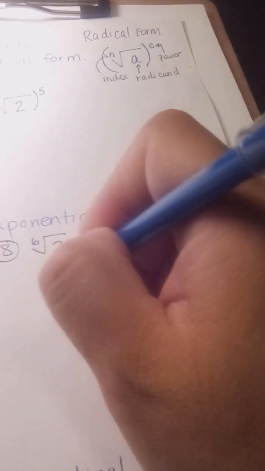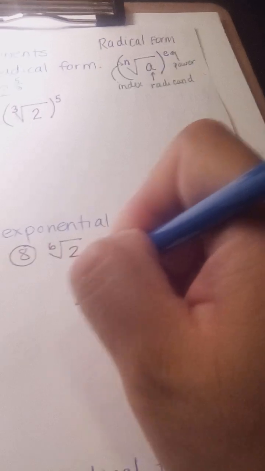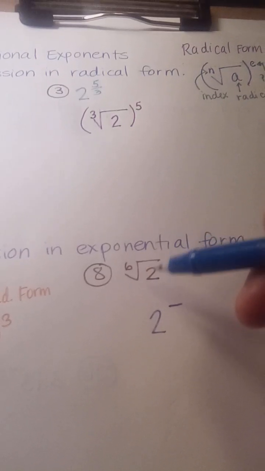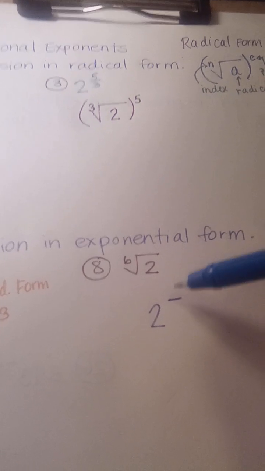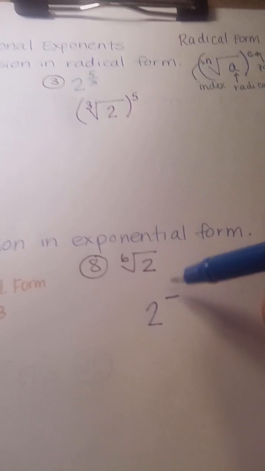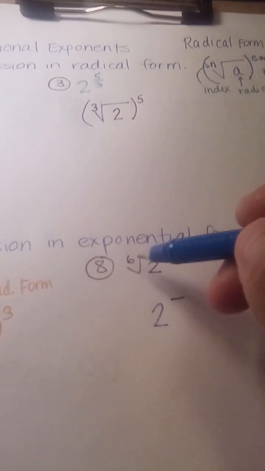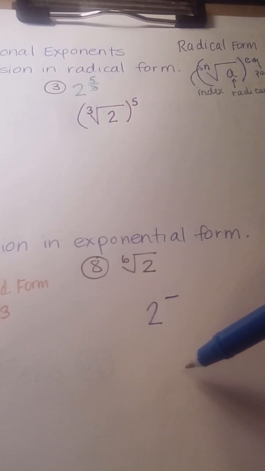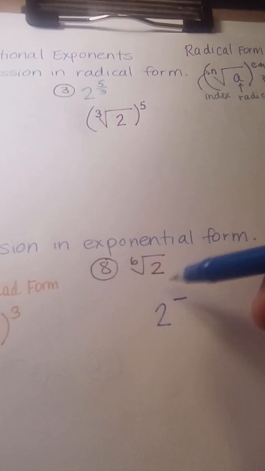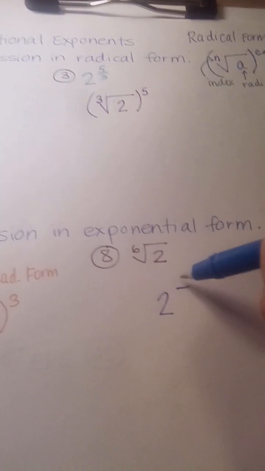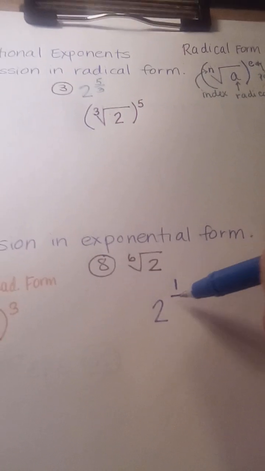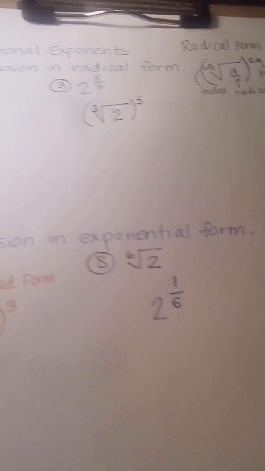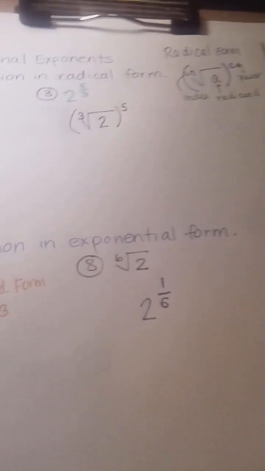So the 2 is the base. All right. Question: the numerator, is it the 1 or the 6? In this case, there's nothing around it, so it's a 1, right? And the denominator is 6. So that's how you do this.